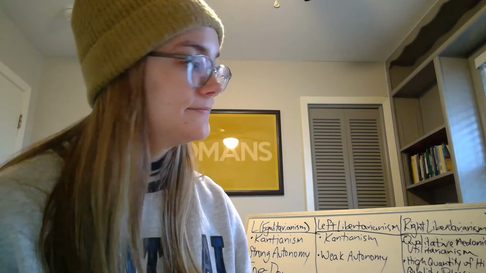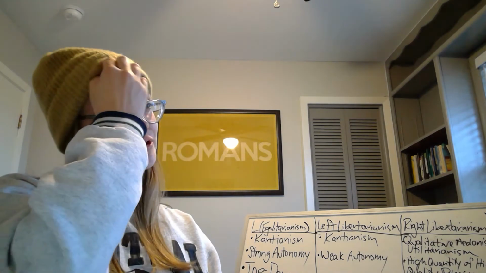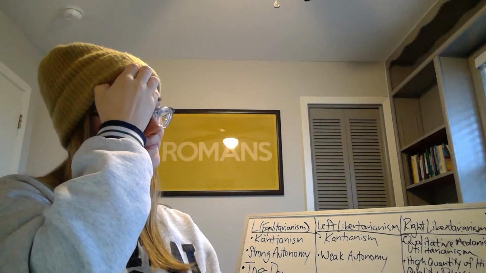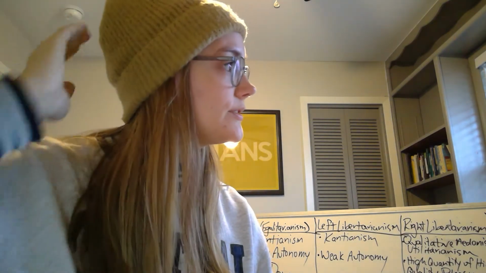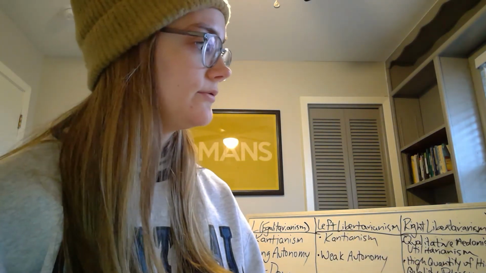Conservatives, although there's not many that actually. So here's a good example. Amy Coney Barrett. She was just appointed to the Supreme Court. I think she's one of the best examples of a classic conservative.